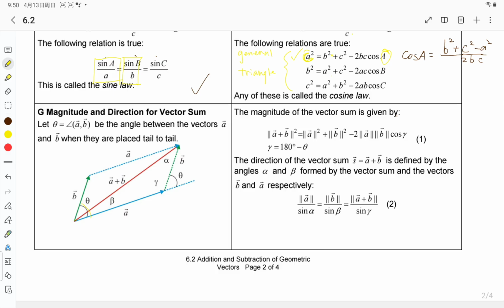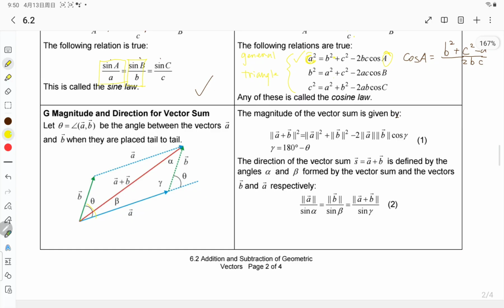All right, the magnitude of the vector sum is given by the same formula as above, right? You don't have to remember everything.